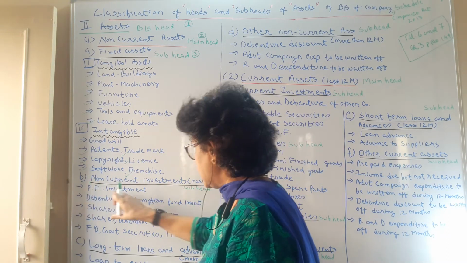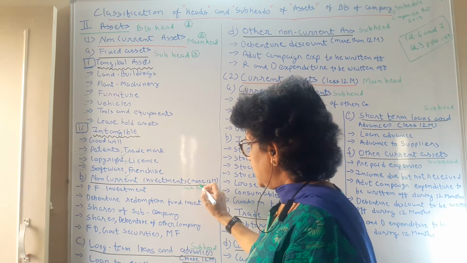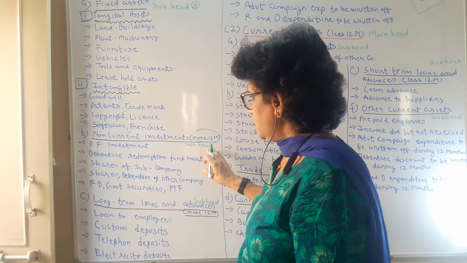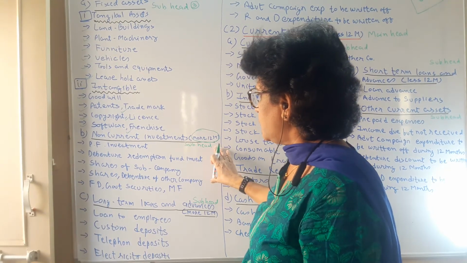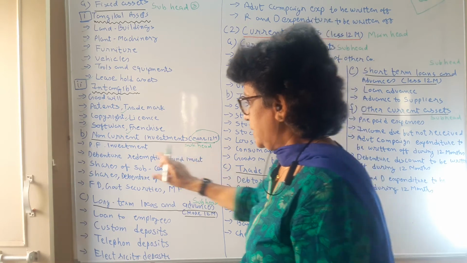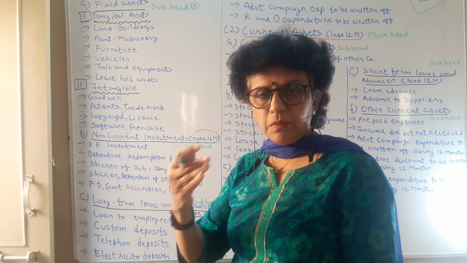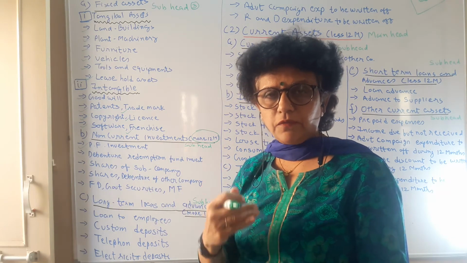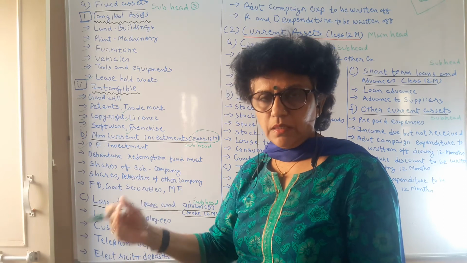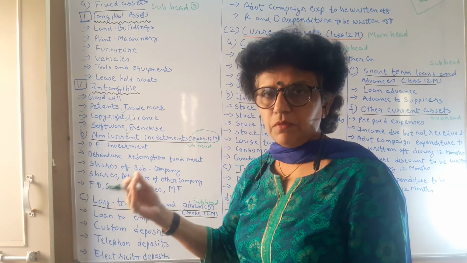Now the second subhead is non-current investment. Investments which you have made for more than 12 months are known as the fixed portion of investment. Here you have provident fund investment. Whatever provident fund you have collected from the employees' salary is to be invested in the provident fund treasury, the central government fund.